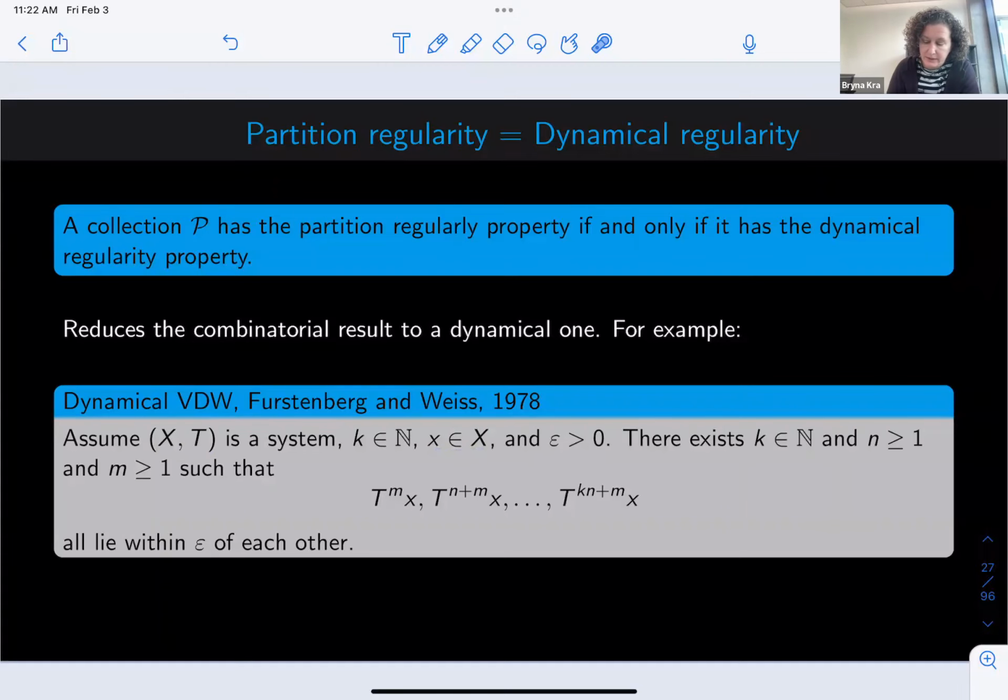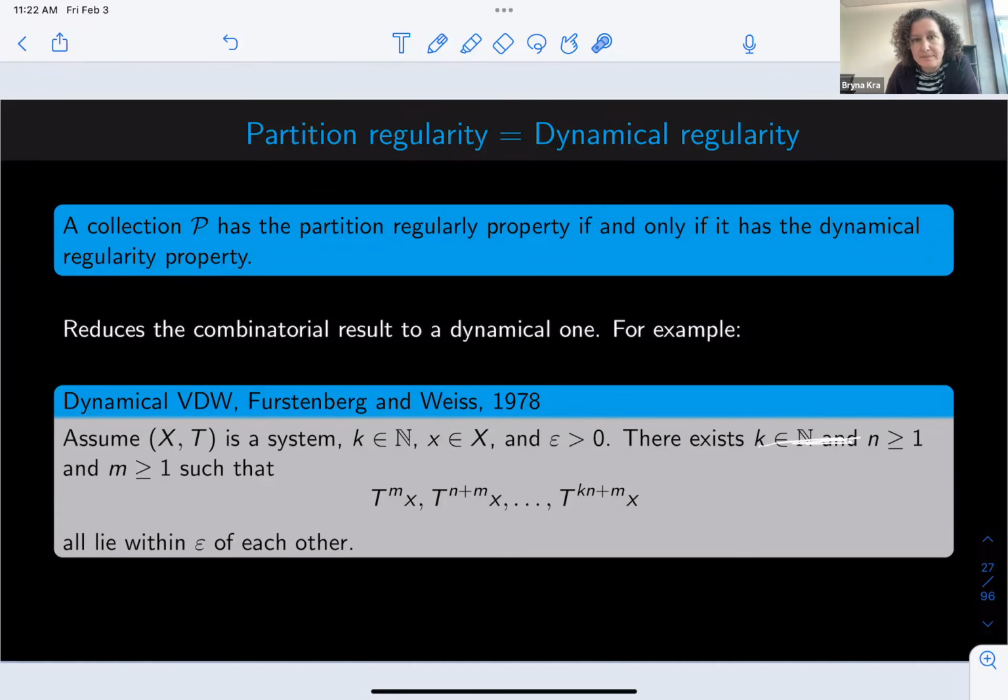Nope, that shouldn't say there exists a K. This should say there exists M. Just cross this out, sorry. There exists an N and an M such that you get this pattern, T to the M X, T to the N plus M X, and so on, all within epsilon of each other. So that would be an example of a theorem that proves a combinatorial result starting from the dynamical.